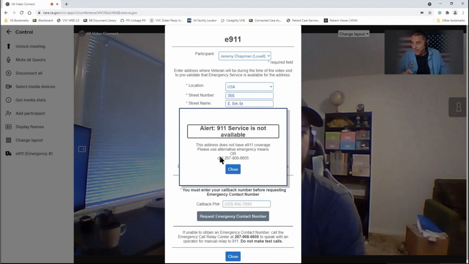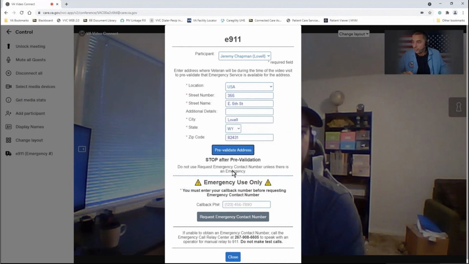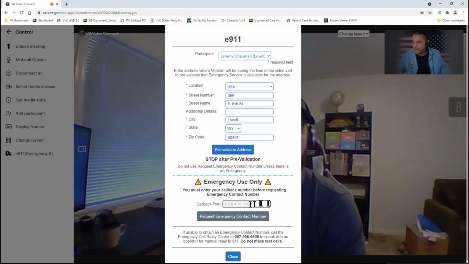Another reason why I might use the 267-908 number instead of the normal process, if this was a validated address, is that over here it asks for my callback number. You saw me do that in the demonstration. If my callback number required an extension, say I'm working at the main VA or at a CBOC and I don't have a direct phone number, you'll notice the callback phone number that the system wants from us as VA clinicians doesn't include extensions. So I don't have the opportunity to put an extension here.